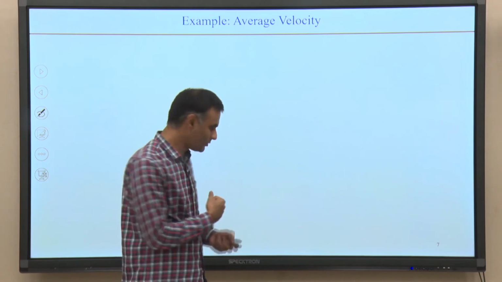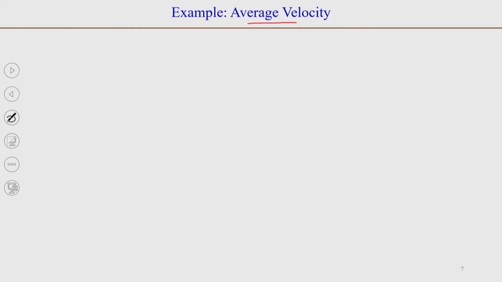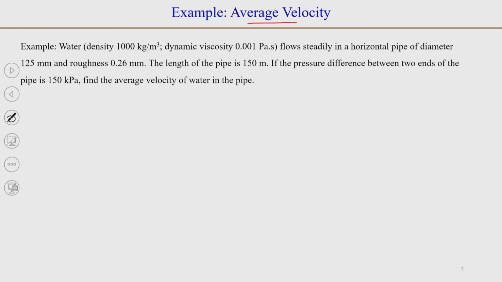Now, we will do a problem where we need to calculate flow rate, or let us say average velocity, because flow rate is nothing but average velocity multiplied by the cross sectional area of the pipe. The problem states that water is flowing, you have been given the density and viscosity of water, and it flows steadily in a horizontal pipe.